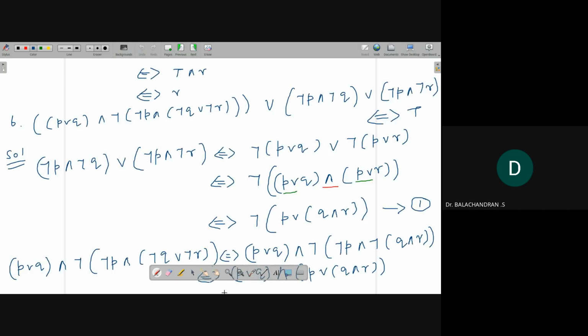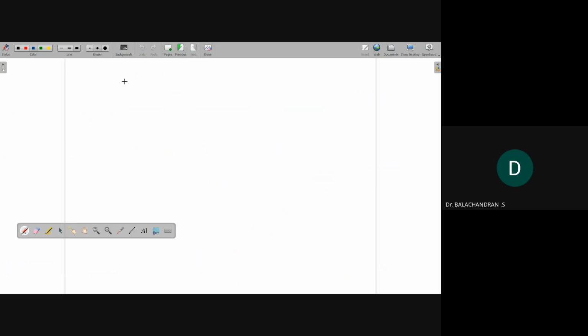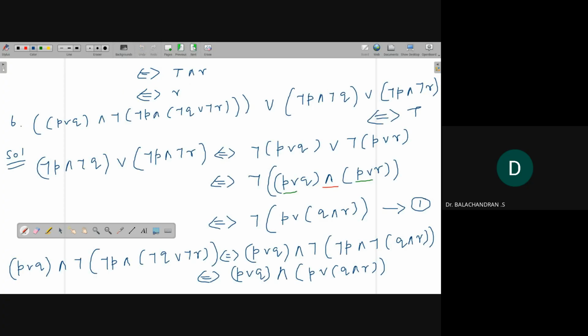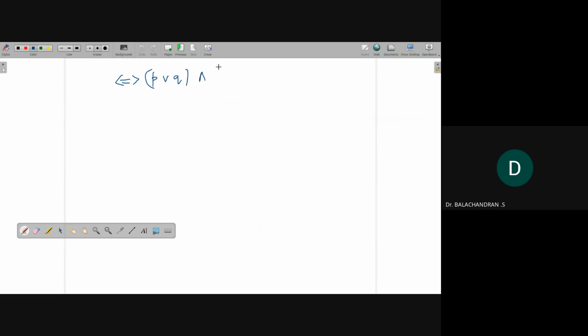So, P or Q and the applied distributive law, P or Q and P or R. So again, we know that P and P is what?